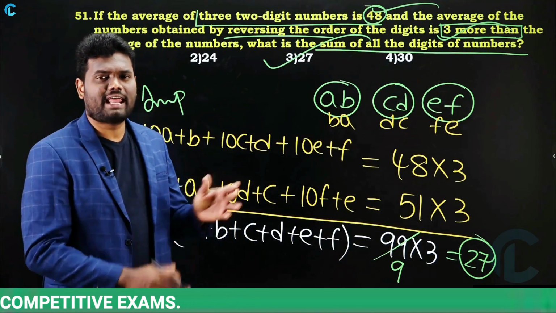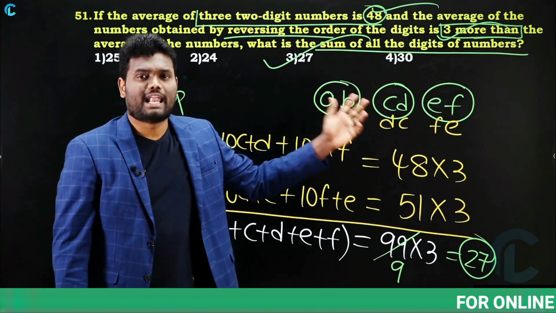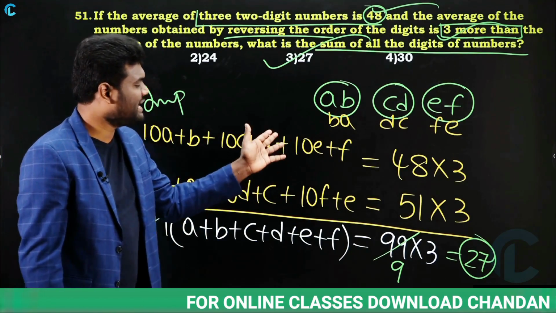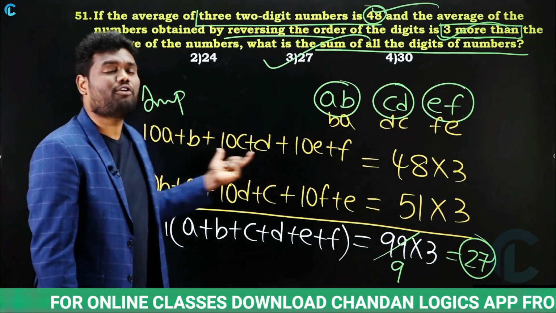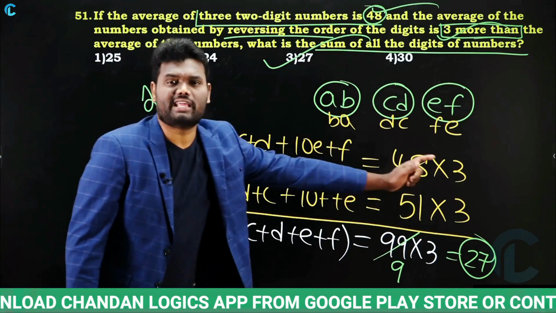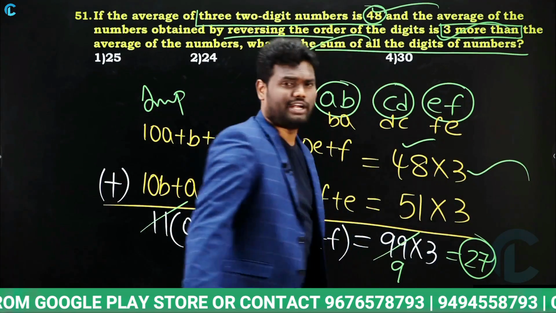So now I have taken the numbers as AB, CD, EF. If I write those numbers, it is going to be 10A plus B, 10C plus D, 10E plus F. Now the sum of these numbers is going to be 48 into 3. Why? Because if the average is 48, the sum is going to be 48 into 3.